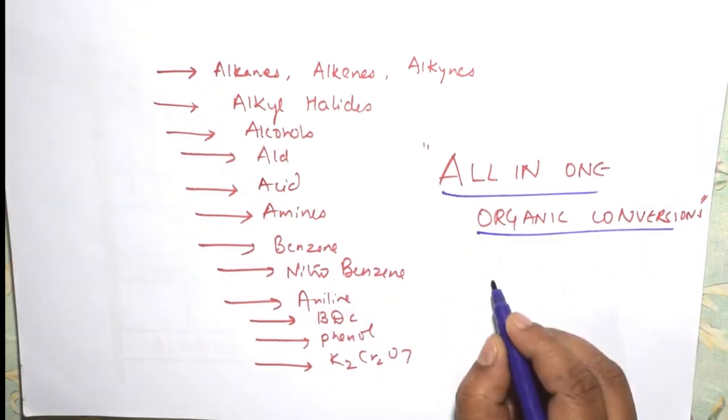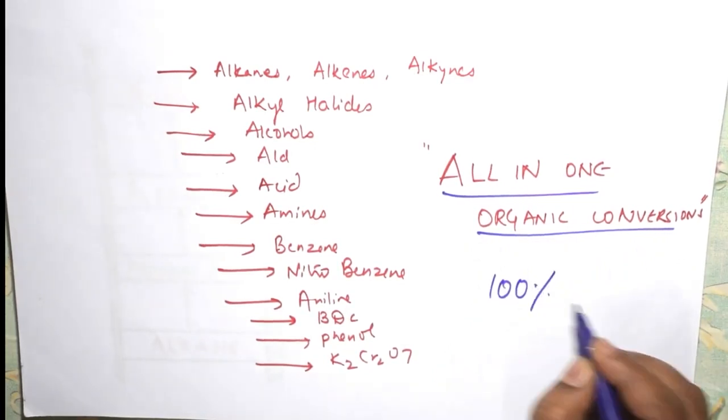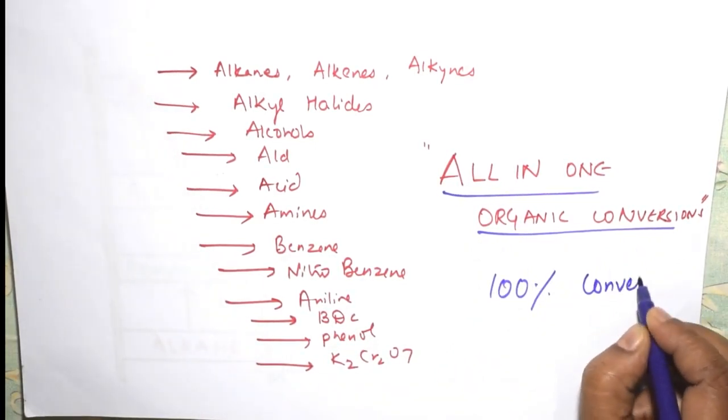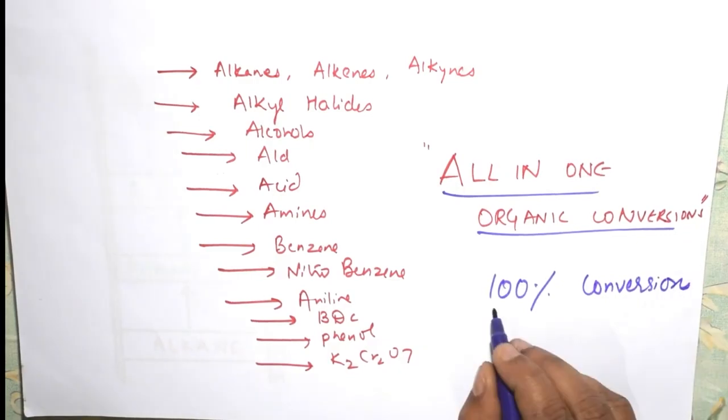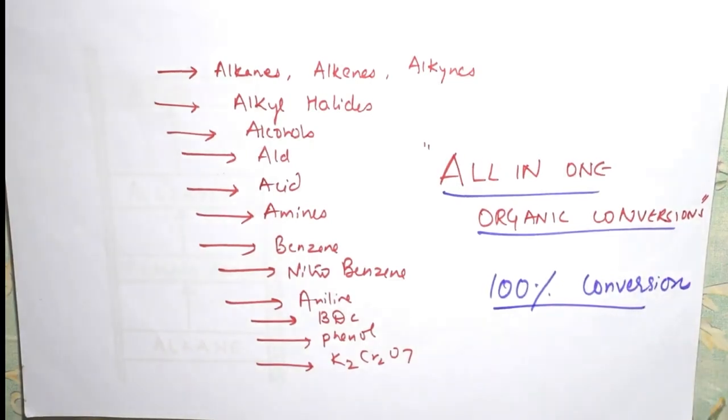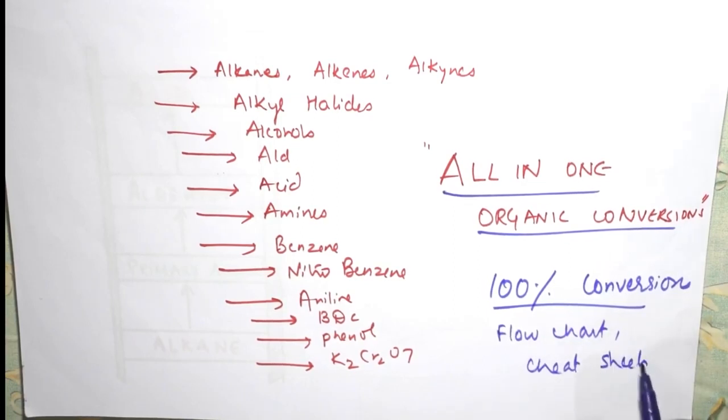It is a complete 100% conversions of your NCERT. I'll be providing you the notes here only. See here, 100% conversions, which will include your flowchart and the cheat sheets for your organic chemistry. Let us start off with the video, students.